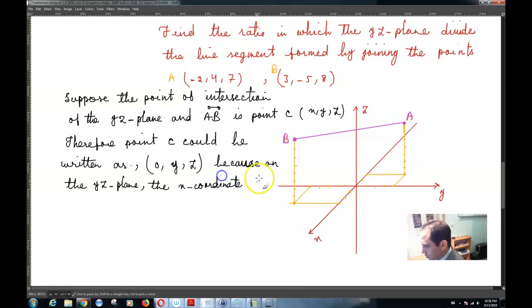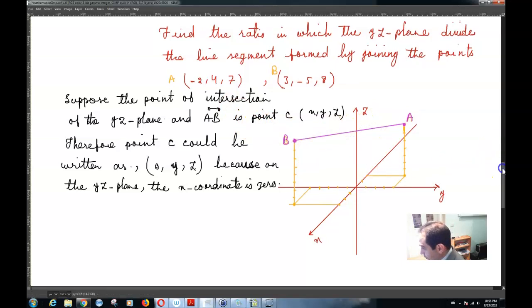The x coordinate is 0. So now I can use the 0 over here to find m and n basically.